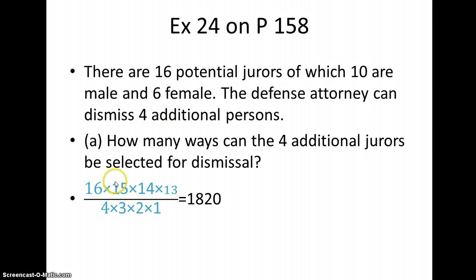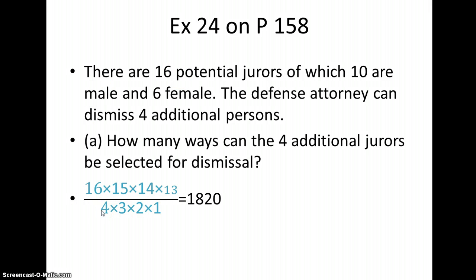And then step 2, you only have 15 people left, and you pick one to dismiss. So 15 ways, and then 14 ways and 13 ways. So you dismiss 4 people: 16, 15, 14, 13. And then because the order doesn't matter which one you dismiss first, it's a combination problem. So divide by the number of ways each repeats.